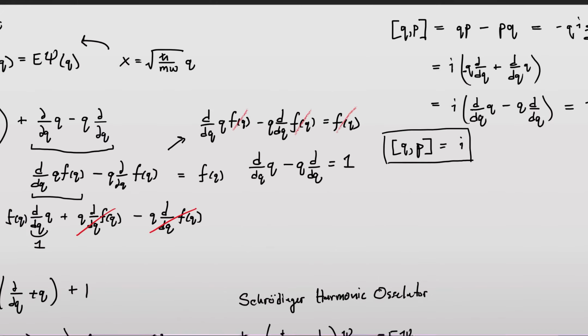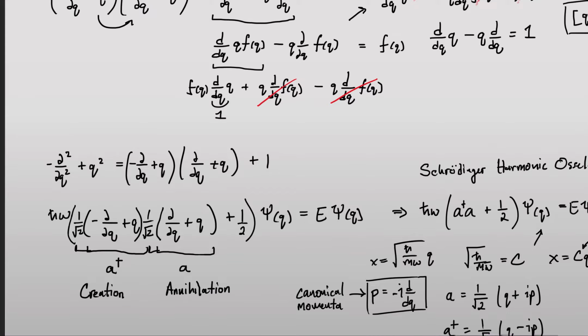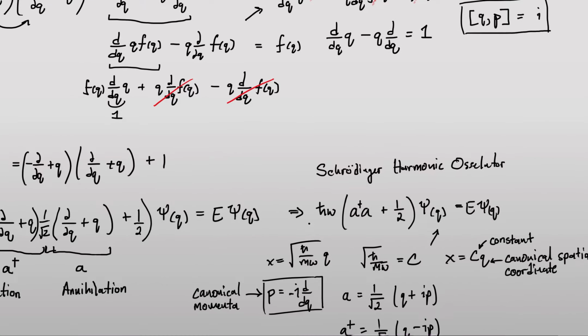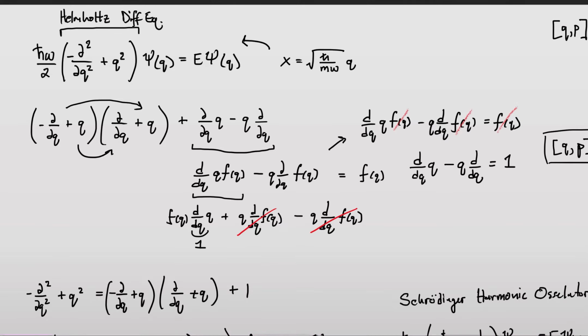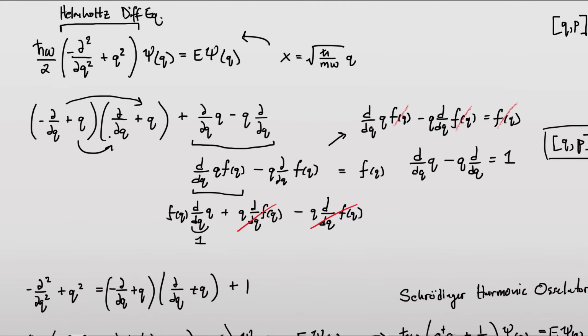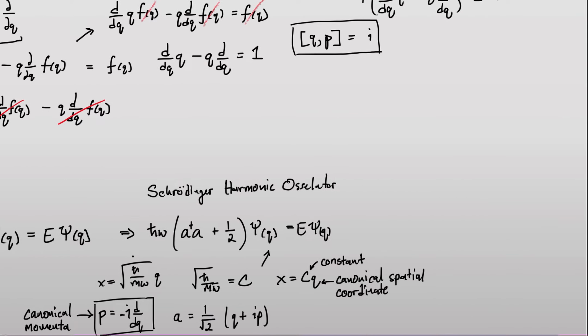Then we went from Helmholtz to a different form of our Schrodinger equation by merely taking a look at this Helmholtz differential equation and rewriting it. Right. So I'll just write right here. So we went from Schrodinger to Helmholtz.